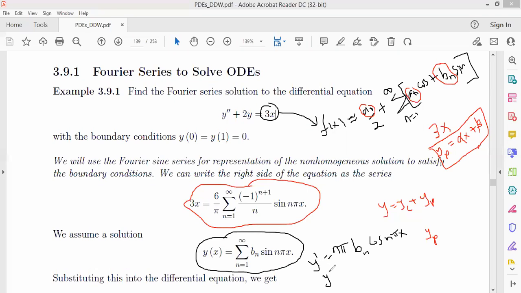The second derivative would be y prime prime. Differentiating a cos gives you a minus sign, but the n pi still comes out. That is now the minus n squared pi squared. The bn comes back, and this is now sine n pi x.